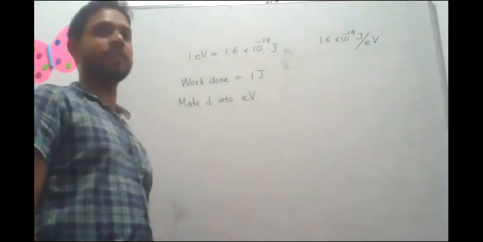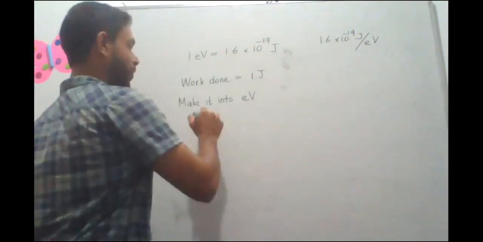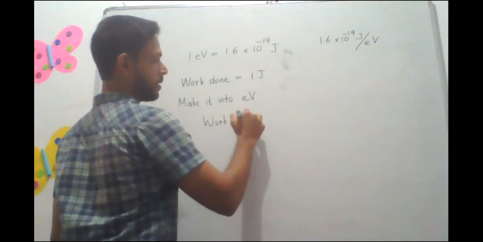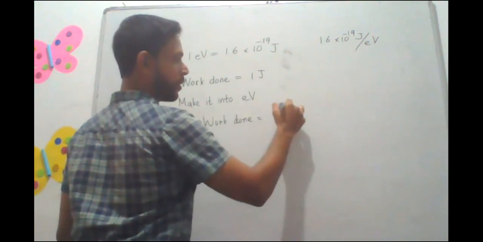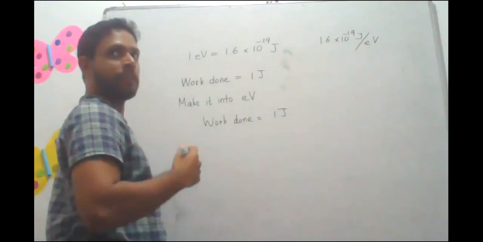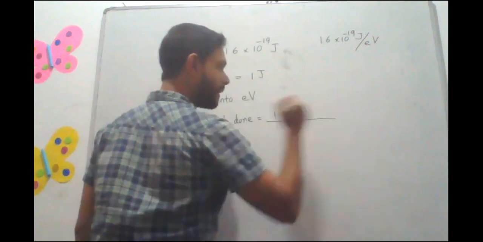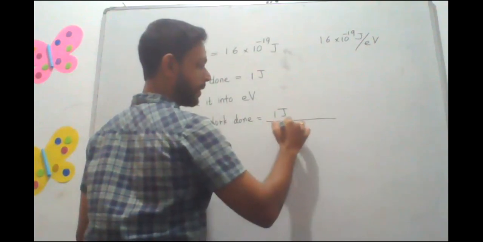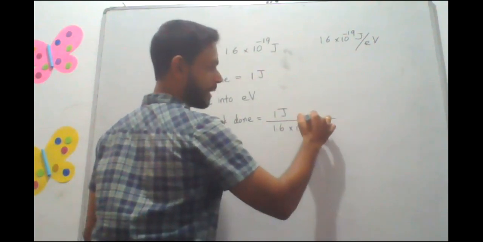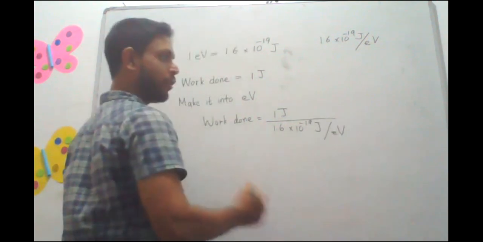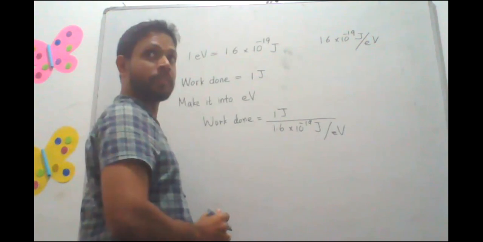You can do this conversion very easily because the work done is 1 joule, but we want to convert that into electron volts. So if we divide this by 1.6 times 10 to the power minus 19 joules per electron volt, you will get the answer in electron volts.